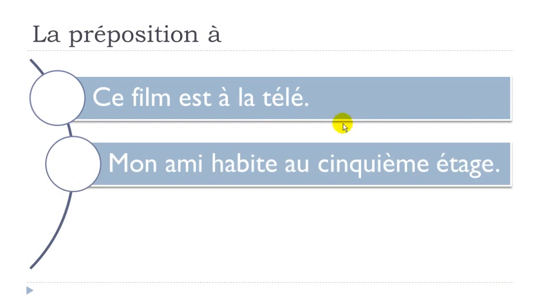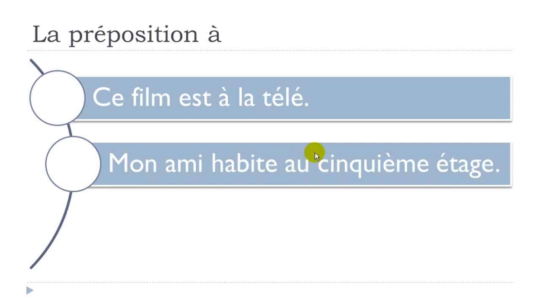Second example, mon ami, my friend, habite, habiter is to live, au, so same thing here, you've got this preposition, but it's combined with le, so it becomes au, and then cinquième étage, cinquième, fifth, and then étage, floor. So in that case, you want to say that your friend is living on the 5th floor, okay?